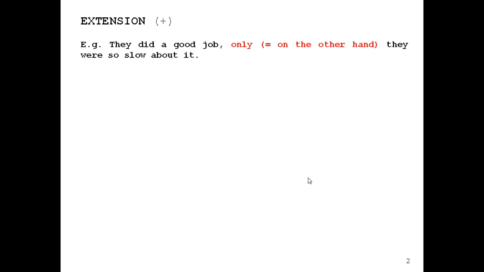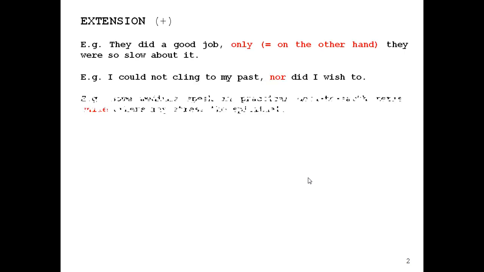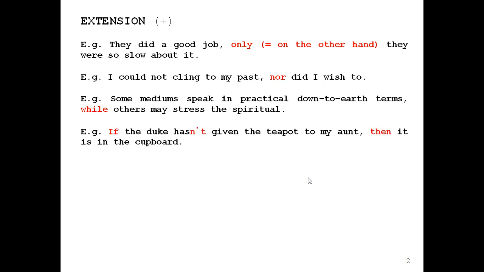What does this mean? It means that when you have extension in the clause combination, you have something that extends, that adds something else to what is stated in the dominant or independent or main clause, we can also call it.